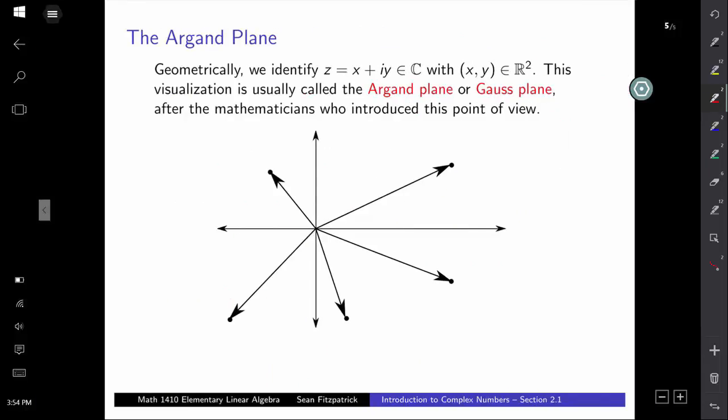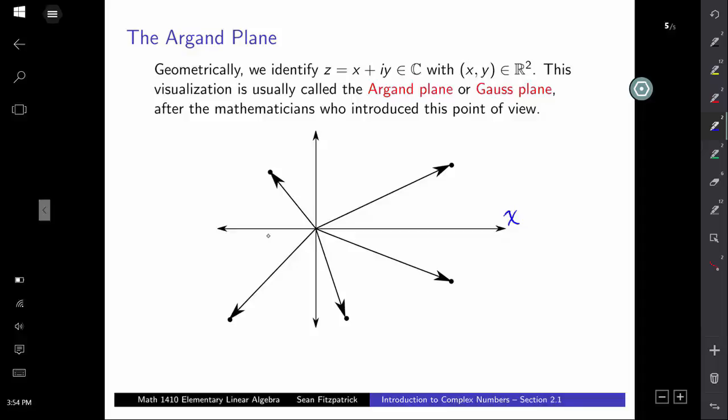Now, I mentioned that one of the ways you can feel a little bit better about complex numbers is to have a good geometric interpretation. And so the interpretation that Gauss and, independently, Argand came up with was to view the complex numbers as a coordinate plane. Now I'm drawing the complex numbers as vectors. In chapter 3 we'll start talking about vectors. And so the idea is that you label the horizontal axis as x as usual.